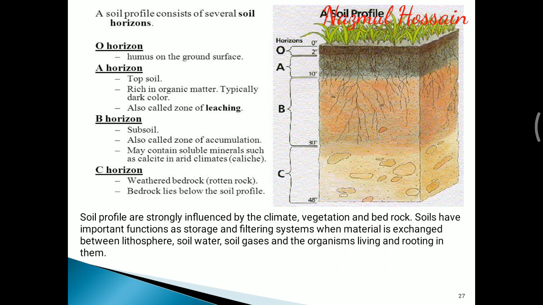B horizon is the subsoil, also called the zone of accumulation, and may contain soluble minerals such as calcite in arid climates. In the C horizon, weathered bedrock or rotten rock is situated. Bedrock lies below the soil profile.